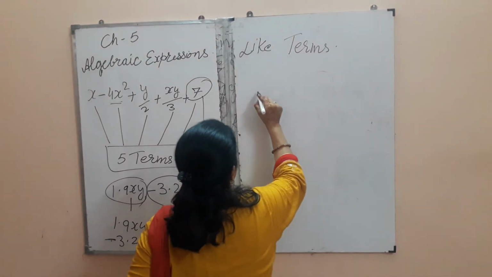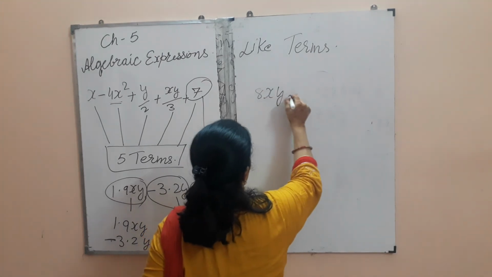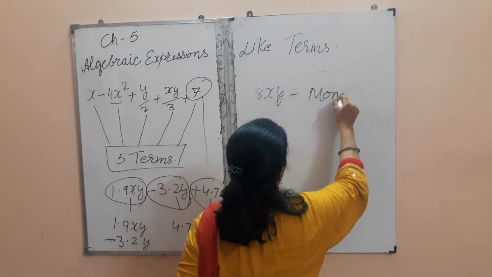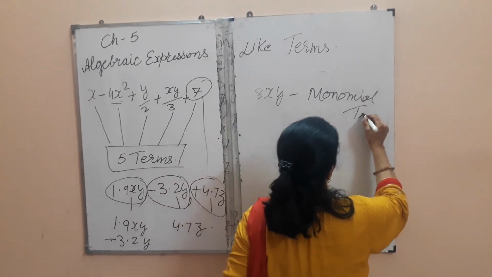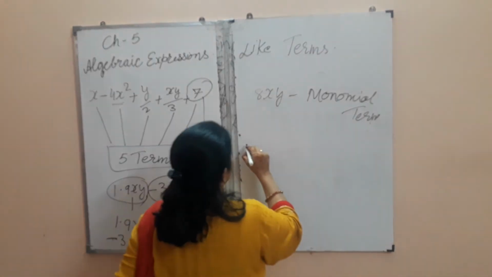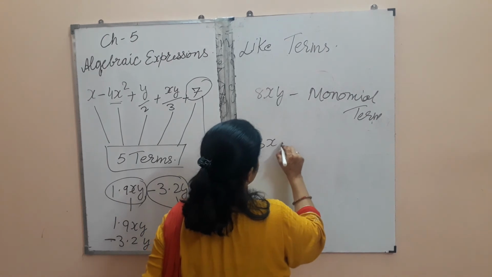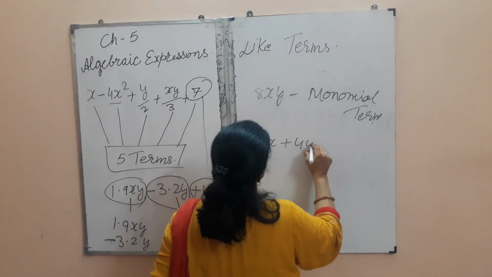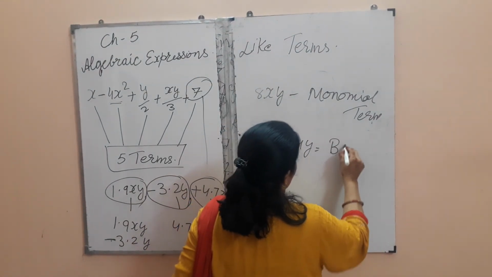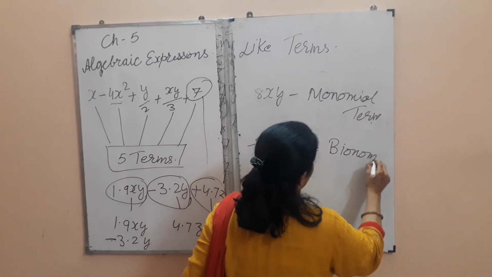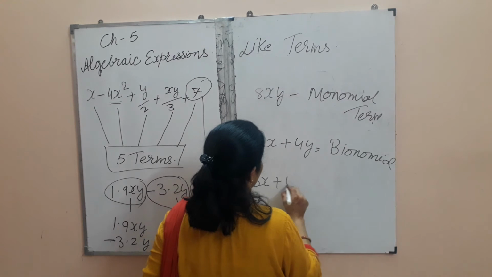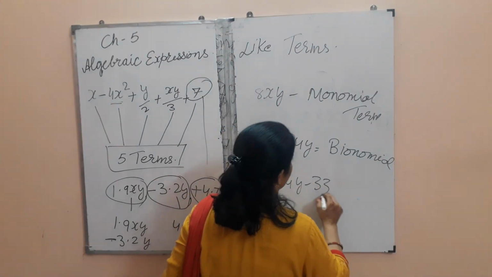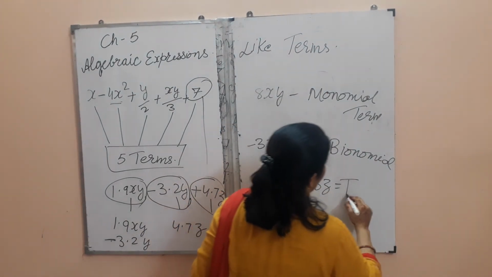So 8xy is a monomial term. Minus 3x plus 4y, binomial. And 3x plus 4y minus 3z is trinomial.